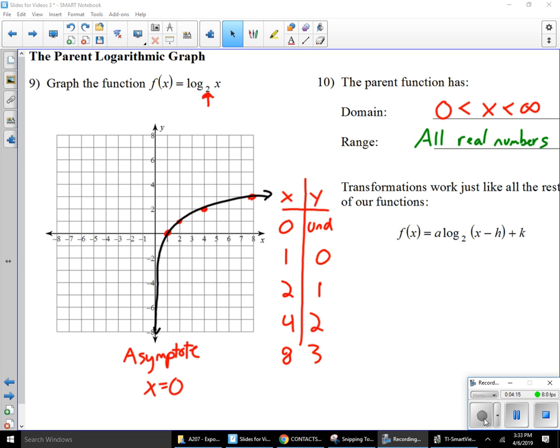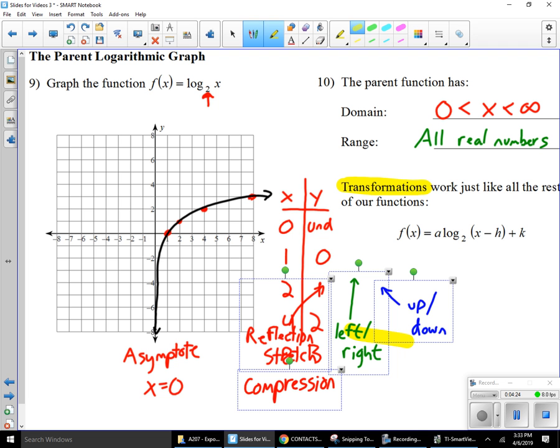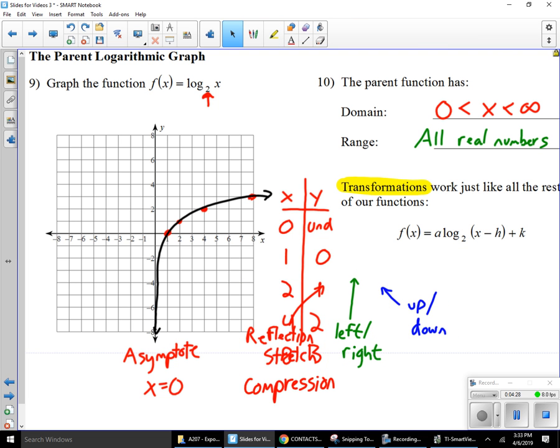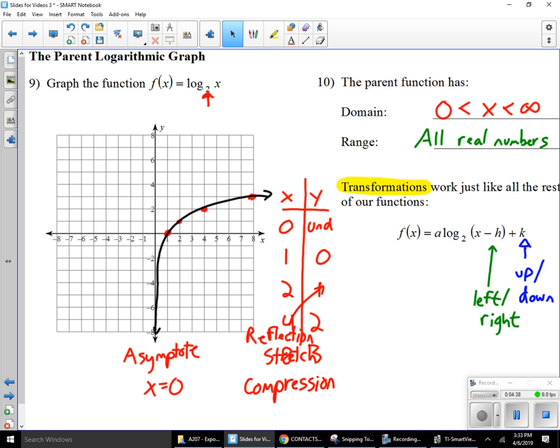Additionally, like we said before, transformations are going to work the same regardless of the function you're looking at. So I can actually paste all the stuff that I put up for the last section. We just need to line it all up. So now k is our up and down, just like it was last time. h is our left and right, just like it was last time.